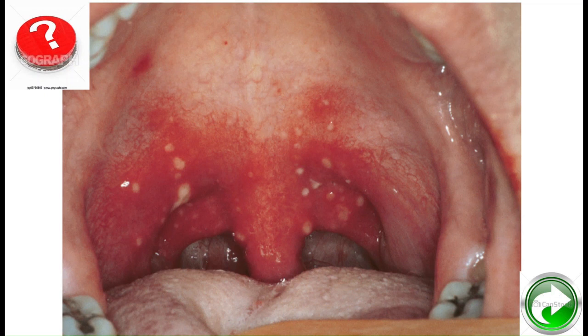This is bacterial inflammation. If it is viral, you cannot see white spots, and this is a severe case. There is even a spot of petechiae, a little hemorrhage at the top left part. And do you know what this condition is called? It is not called palatinitis or anything. It is called pharyngitis.